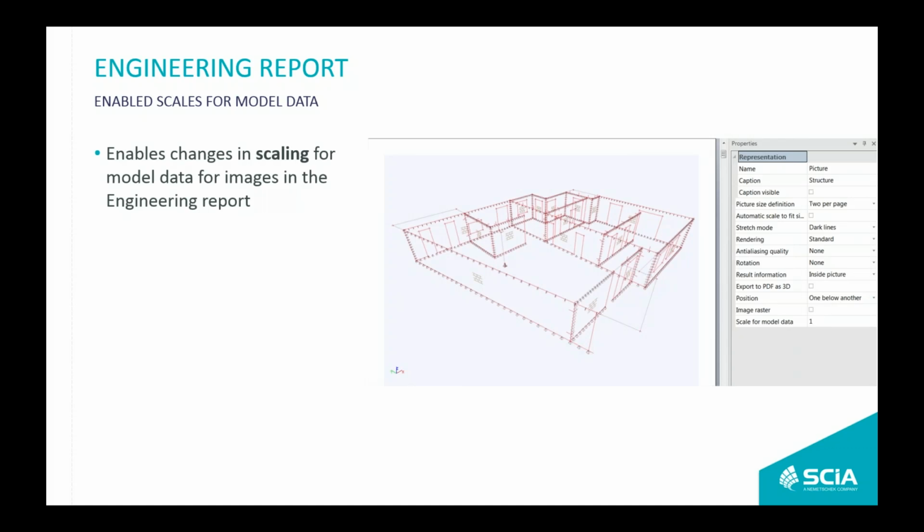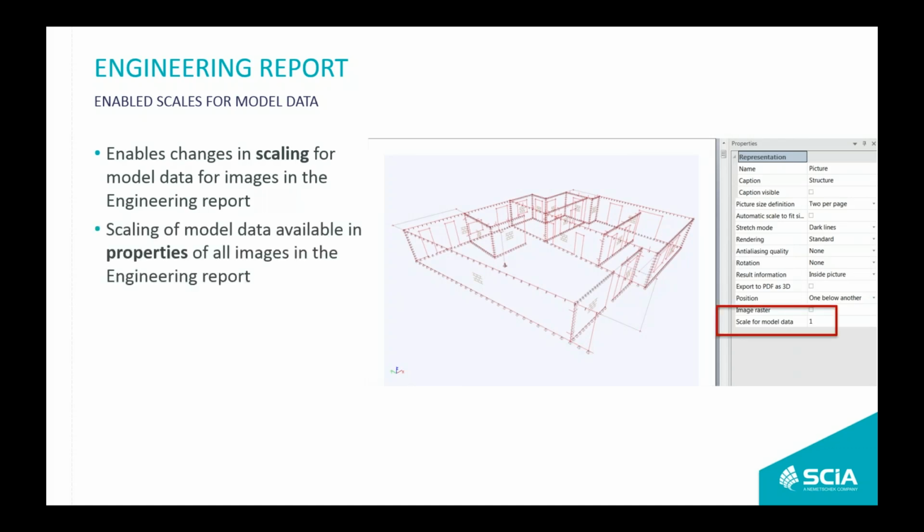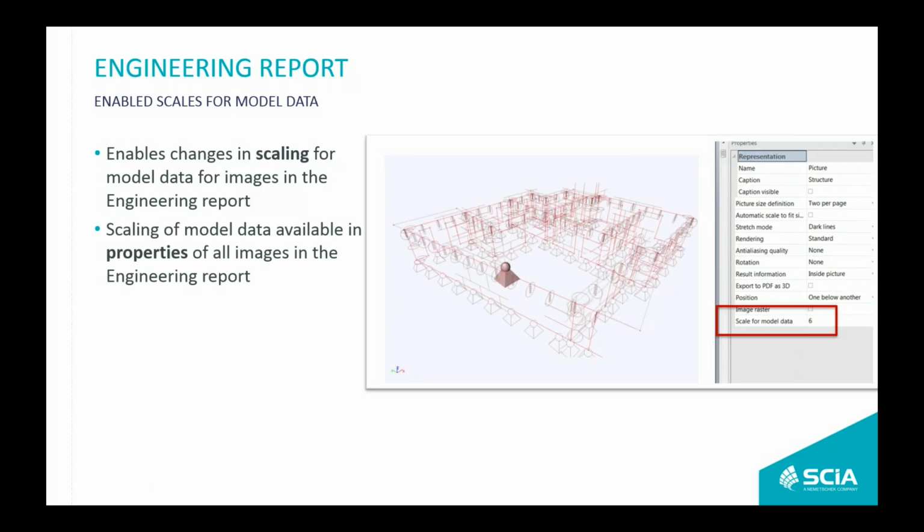So every picture now has a property in the engineering report with scaling, so you can just quickly write a different value, and all the images, even a selection of images, will get a different scale for model data as you would expect.